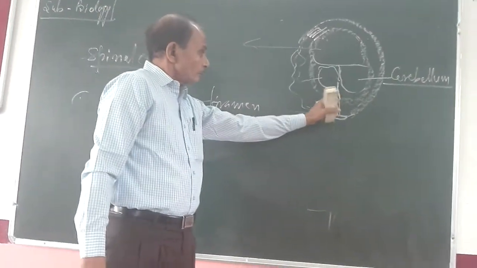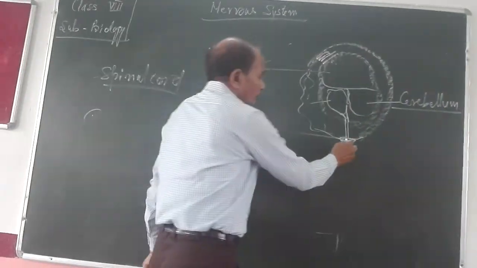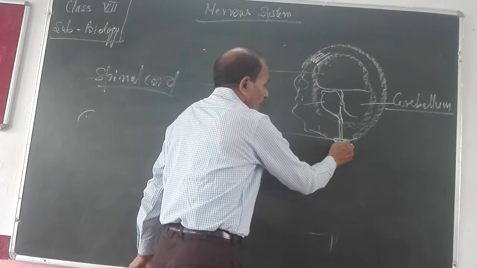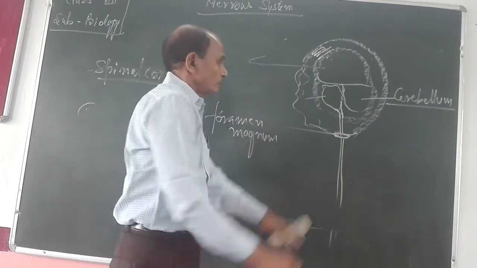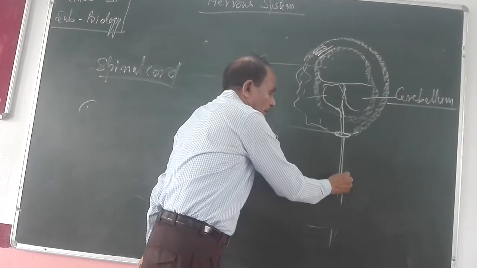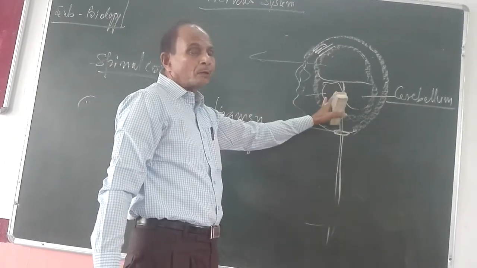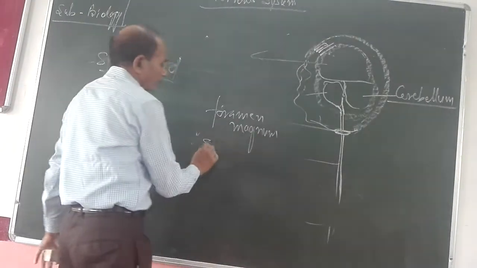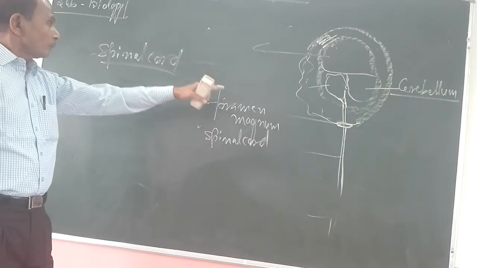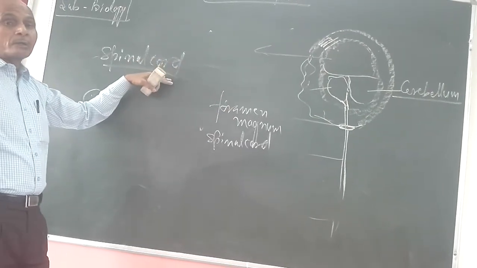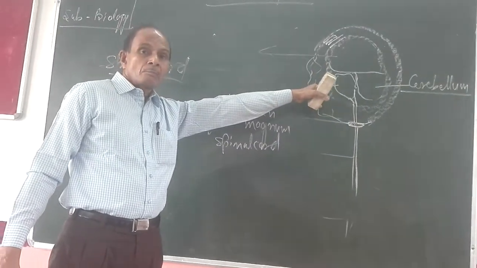This rope-like terminated part of medulla oblongata is known as spinal cord. So what is the second part of CNS? Spinal cord is the second part of CNS, and it is the terminated rope-like part of medulla oblongata.